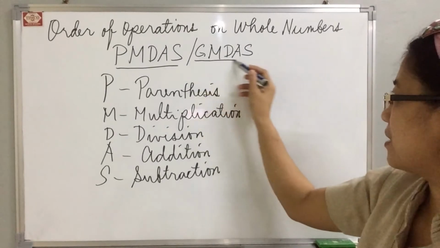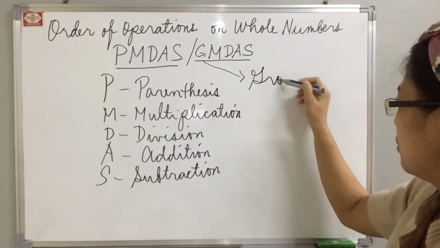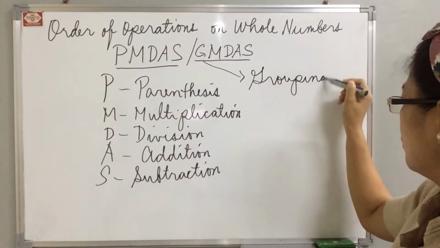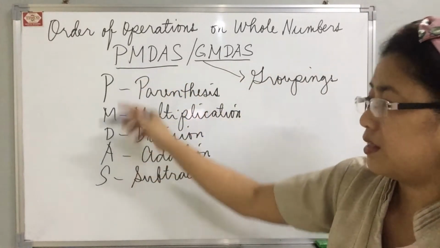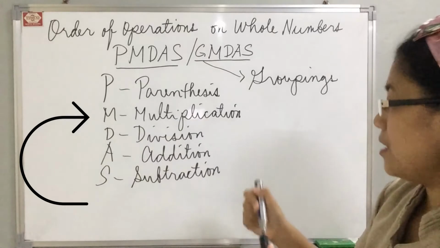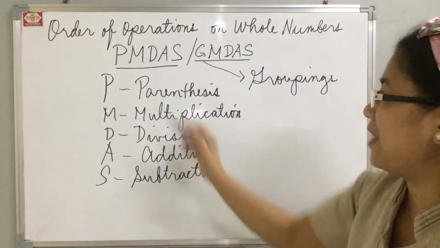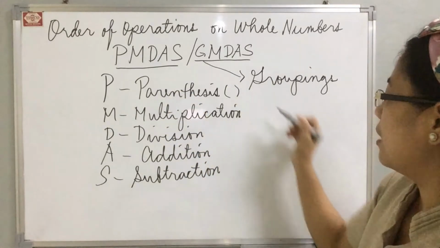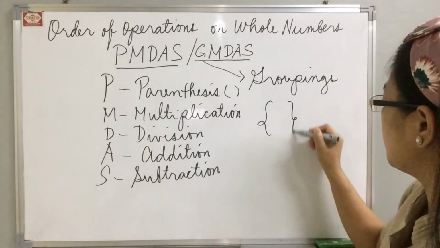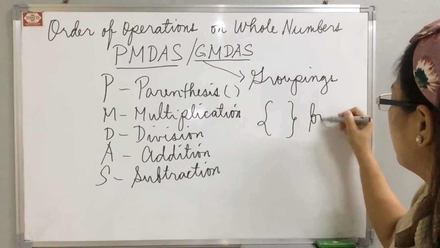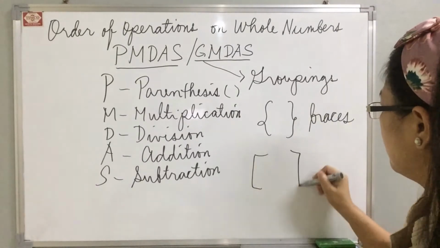While in GMDAS, G stands for groupings, and MDAS stands for the same as this one. So, in our groupings class, aside from the parentheses, we have the braces and brackets.